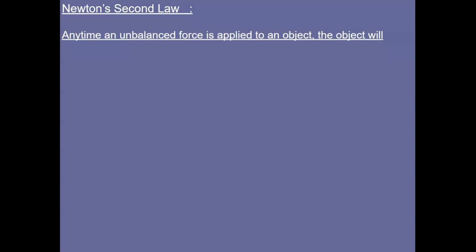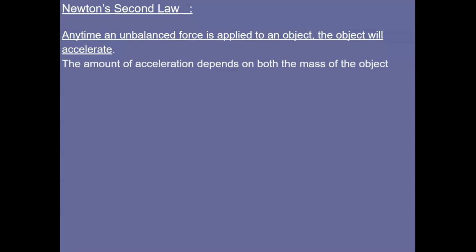Now, Newton's second law is all about motion. So anytime an unbalanced force is applied to an object, the object is going to accelerate. That means it has to be a strong enough force to overcome the object's inertia, okay, in order to create motion and acceleration.